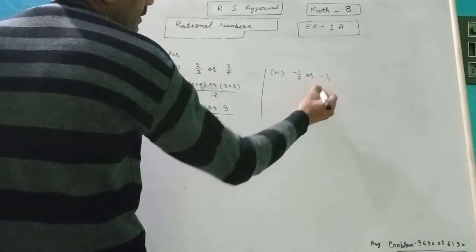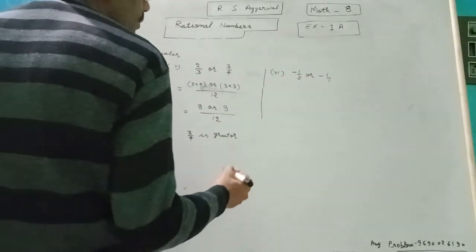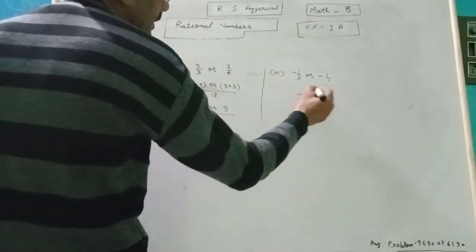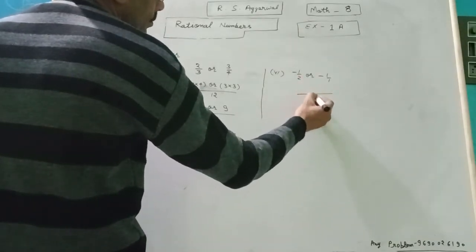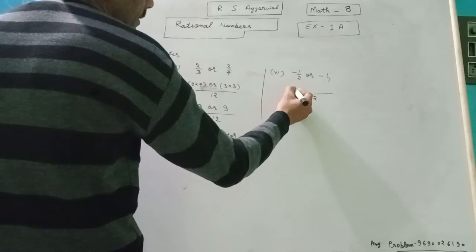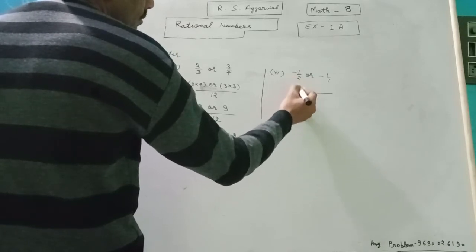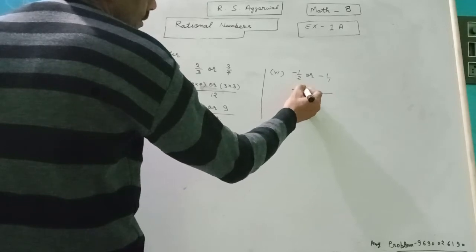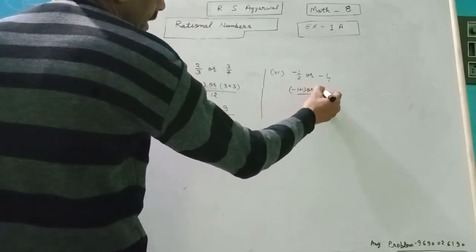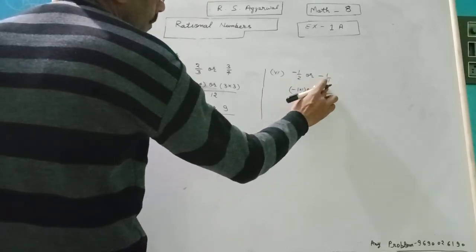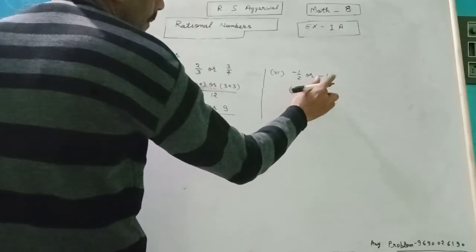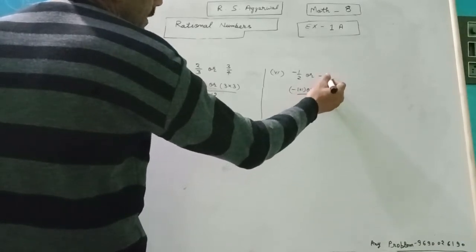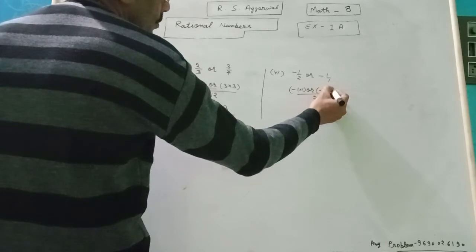Sixth part is minus 1 upon 2 or minus 1. Write the 1 upon 1 after LCM. LCM of 2 and 1 is 2. Divide by 1, 1 1 is 1, or minus 1 into 1 divided by 2 is 2, 2 1s are 2.